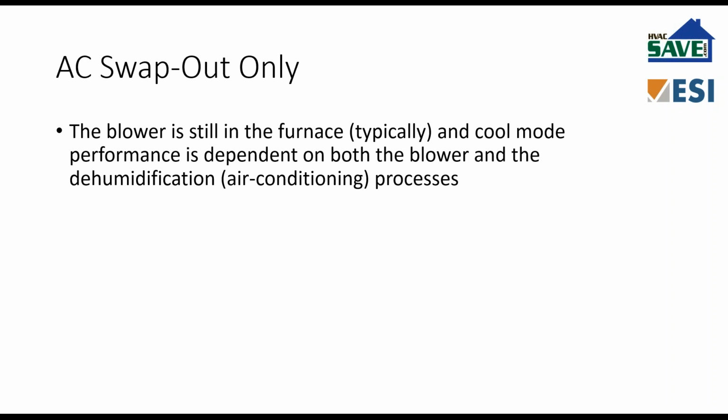But the blower is typically in the furnace. And the cool mode performance of the outdoor unit that you're selling is dependent on the blower and the dehumidification processes. Okay? You simply cannot ignore airflow in cool mode just because the blower is in the heating equipment. Common behavior, common fault. Okay?